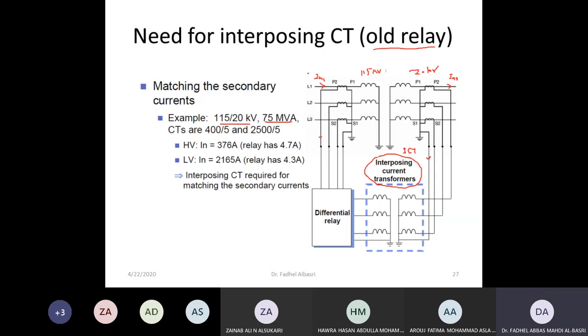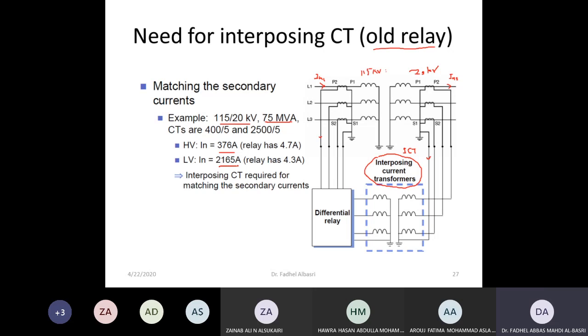For I nominal 1, I have the rated power and rated voltage at the HV side, so I can find the nominal current: S over root 3 V line, which is 115 kV. At the LV side, which is 20 kV, also the same S, 75, divided by root 3 times the 20 kV LV voltage.